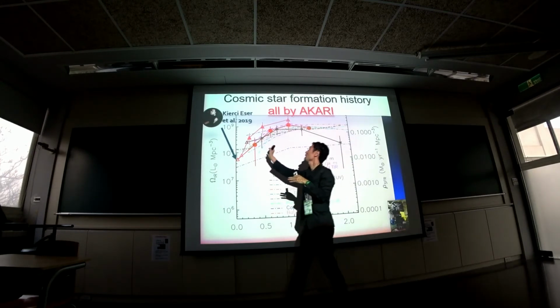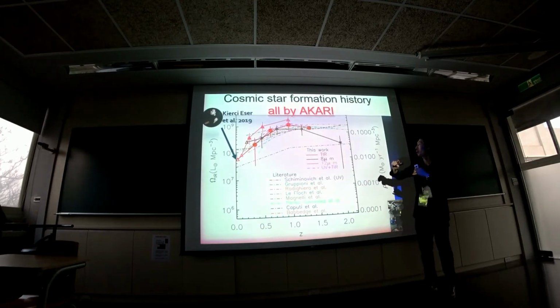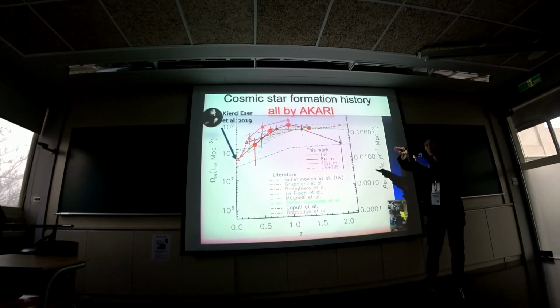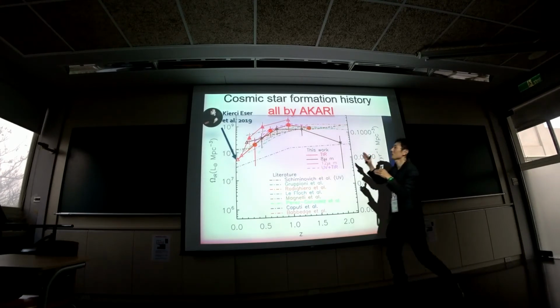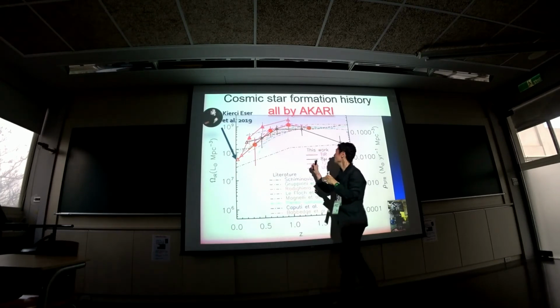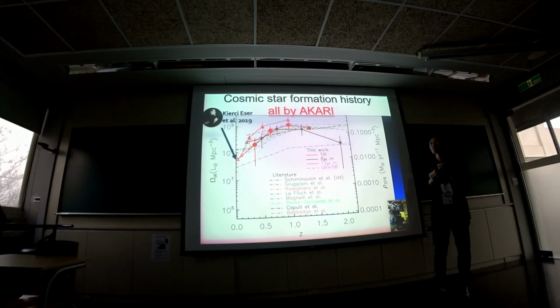That's why this is coming up. We suspect our 12 micron is not deep enough to securely capture the faint end slope of the luminosity function. So that's why this might be a little bit overestimated. Here I want slightly deeper data. That would be nice. Okay, thank you.